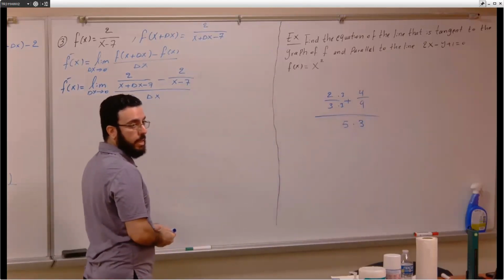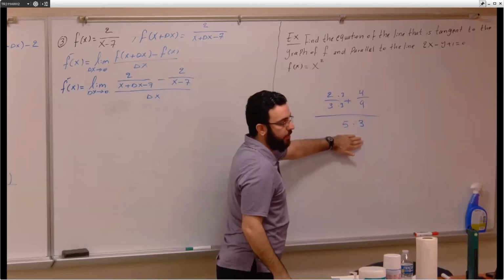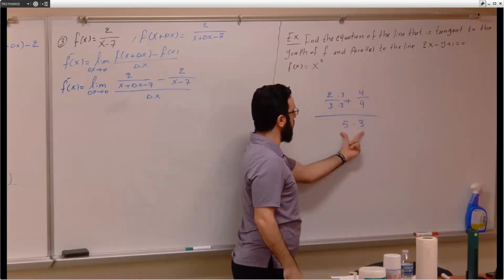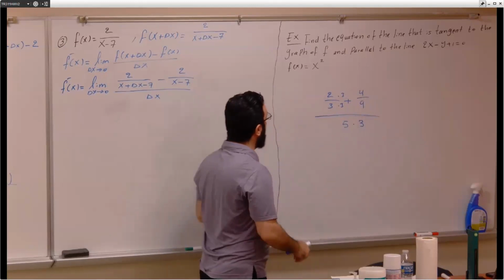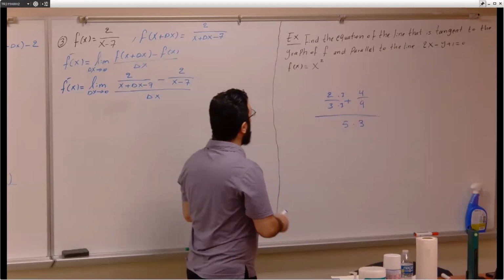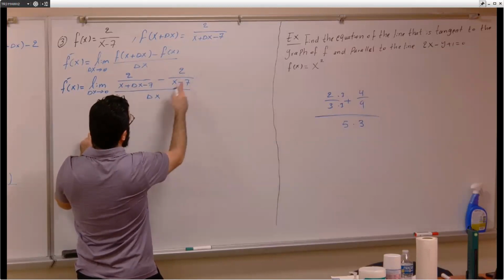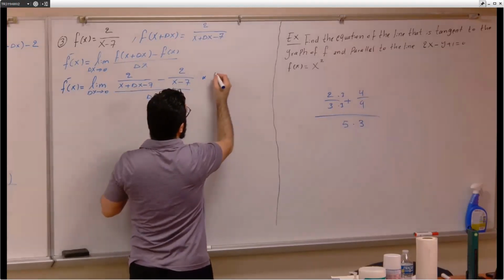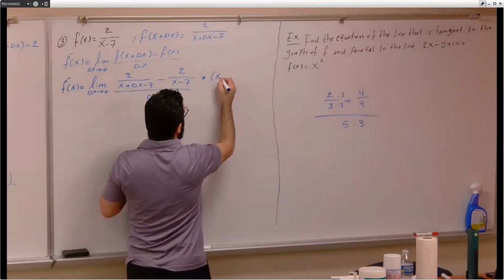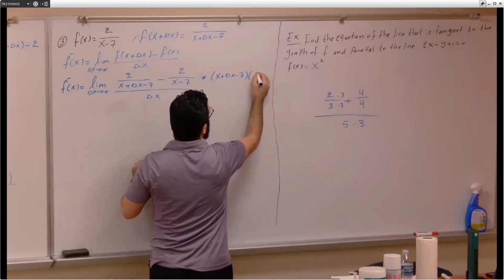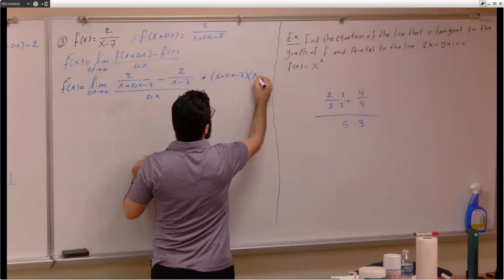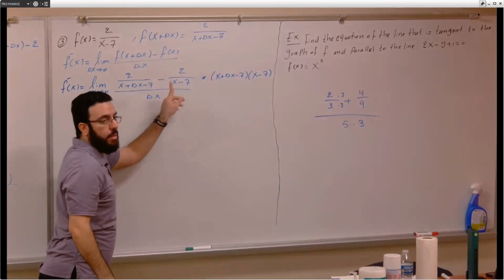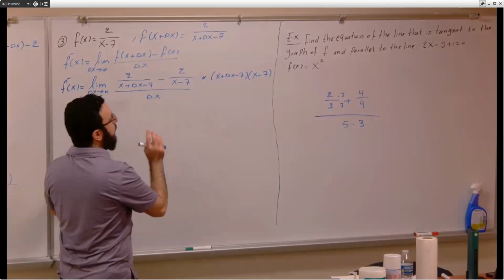Okay? When you multiply everything on the top, you have to multiply everything on the bottom because it's a fraction here and it's a fraction here. You have two fractions and also everything here is a fraction. So I'm going to multiply everything here by the least common denominator, which is x plus delta x minus 7 and x minus 7. But at the same time, I'm going to multiply everything on the bottom by the same least common denominator, because I can't multiply only the top.